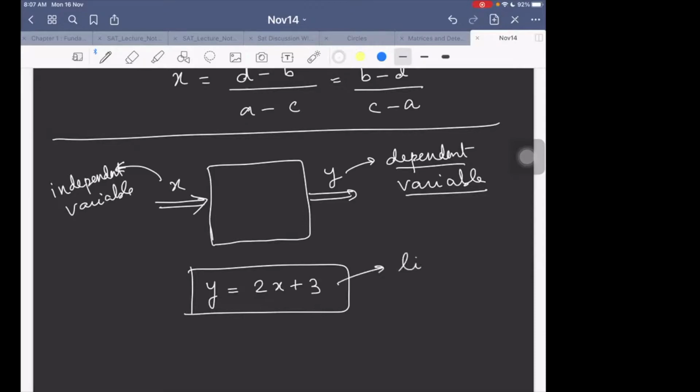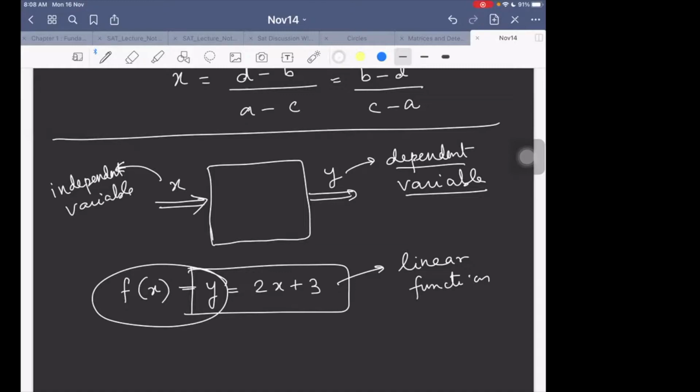Of course, you can also write y as f of x. f of x signifies that f operates on x and gives y as the output.